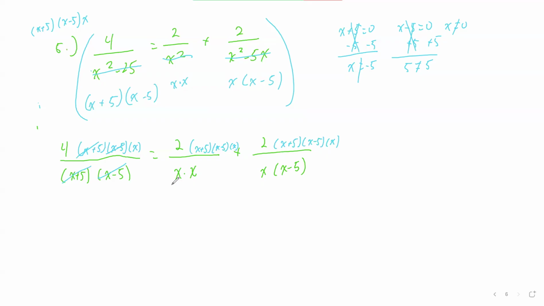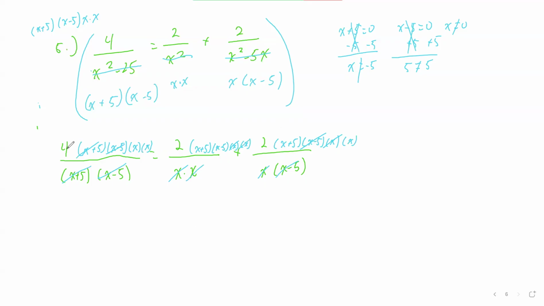But when I get to the last one, I can cancel, but I can't cancel everything, and I have to be able to cancel everything. Because I'm still left with one x, that tells me I need to multiply by another x. As long as I do it to every single one of them, I can now also cancel that.